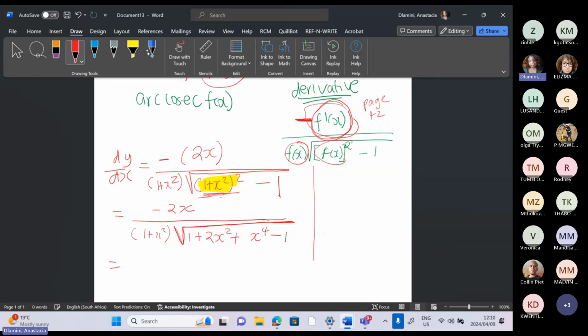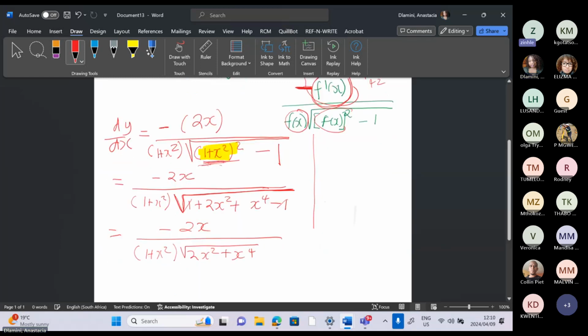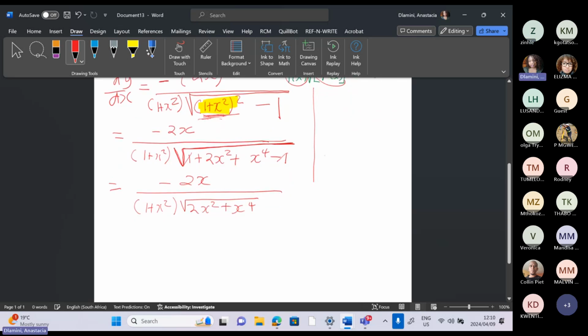This is equal to minus 2x over 1 plus x squared. This one minus that one, so you have the square root of 2x squared plus x to the power of 4. Okay, we can still factorize, so this is equal to minus 2. We can still simplify.